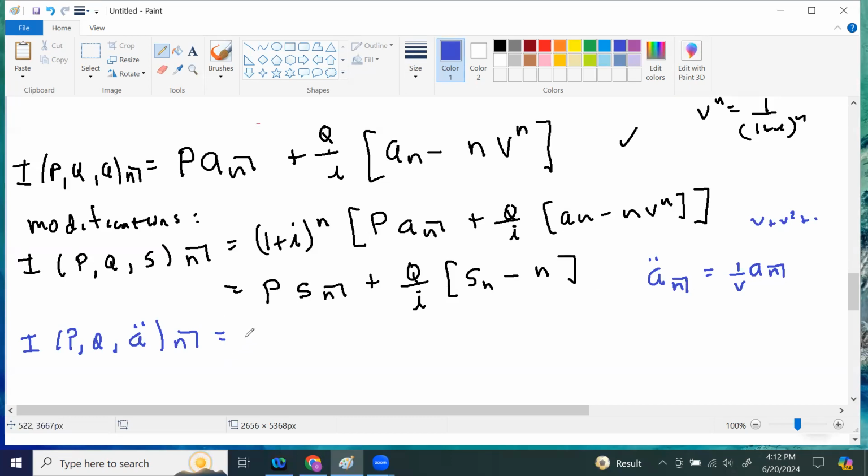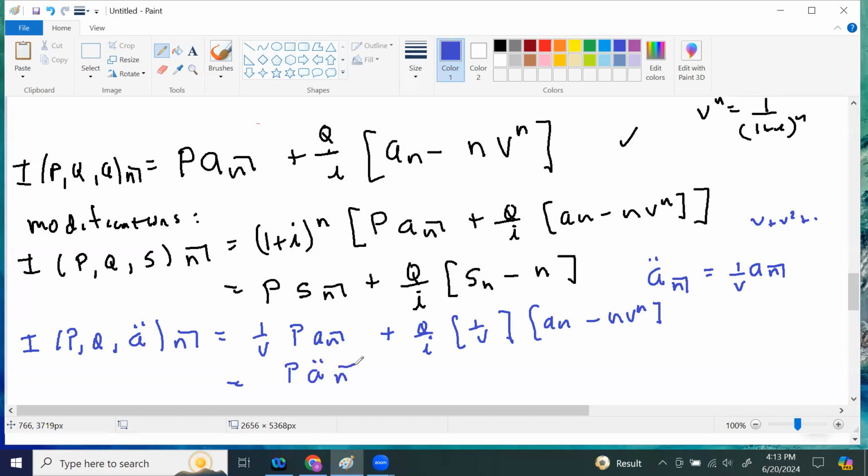So if you do this, it's going to be 1 over V, and this is, again, not too bad, because that becomes, right? So yeah, just remember, all you're doing is dividing by V, or you're multiplying by 1 plus i.